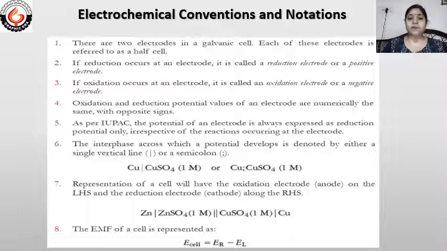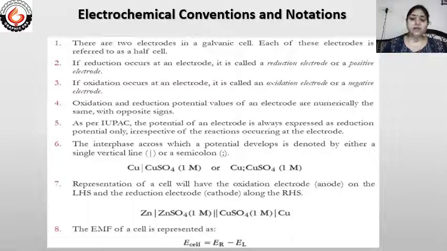Then in the representation of a cell, the oxidation electrode, the anode, is on the left hand side and the reduction electrode on the right hand side. If we are talking about the Daniell cell, in which zinc is the anode and copper is the cathode, zinc will be placed on the left side and copper on the right side.